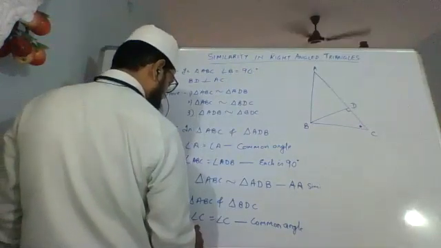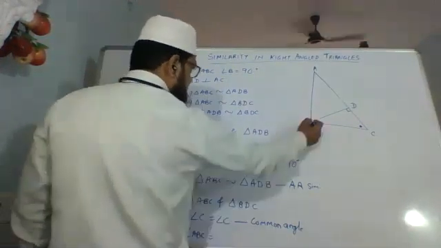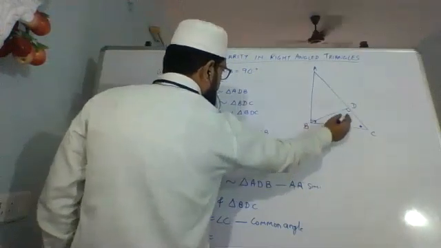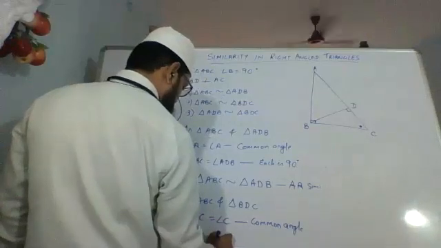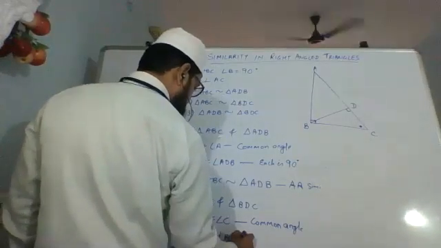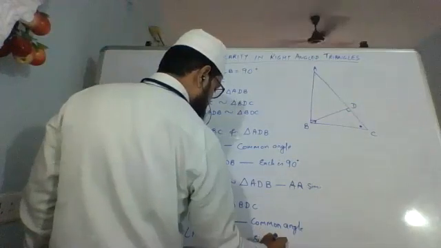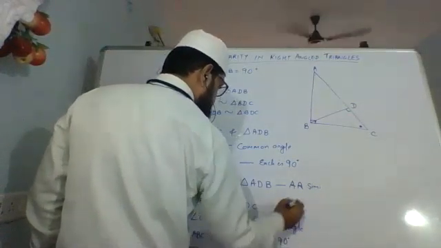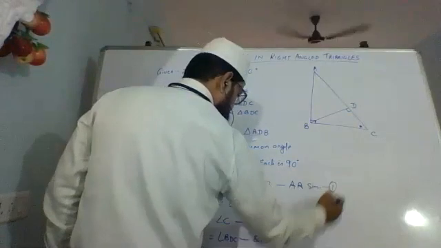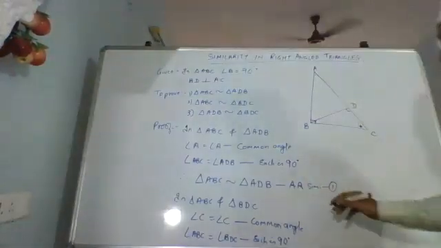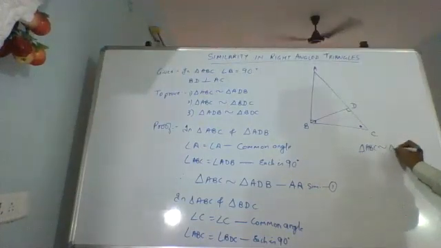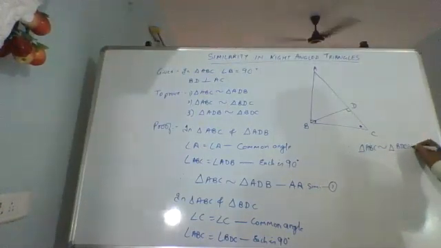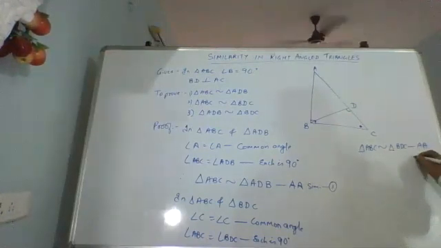Similarly, angle ABC and angle BDC, both are 90 degrees. Each is 90 degrees. Therefore, triangle ABC is similar to triangle BDC. Again, AA similarity criteria. This is number 2.